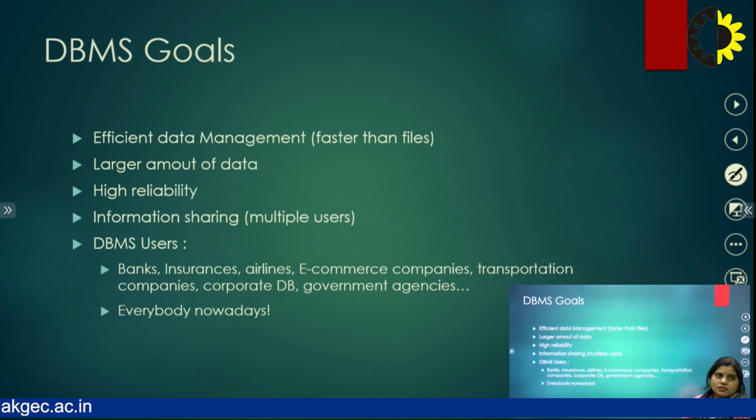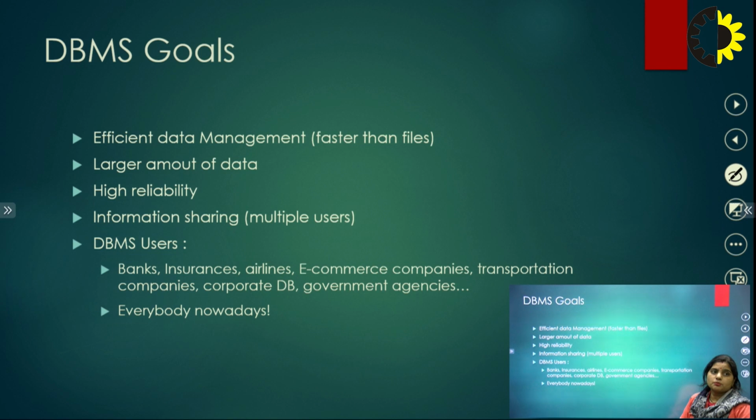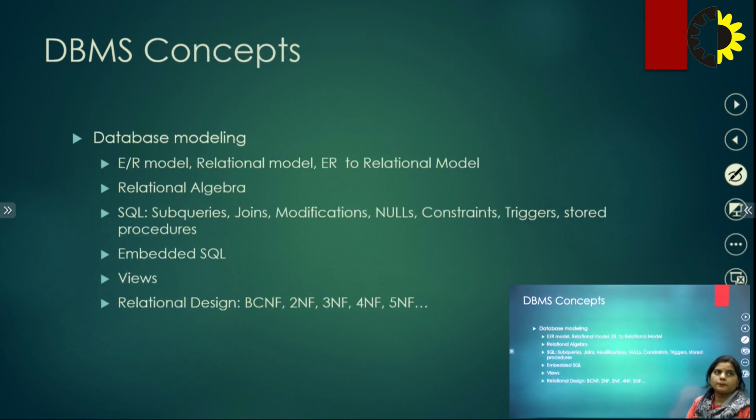DBMS users are banks, insurance, airlines, e-commerce companies, transportation companies, corporate databases, government offices, government agencies, college data. So, these all are DBMS users, and nowadays each and every person is a user of DBMS.